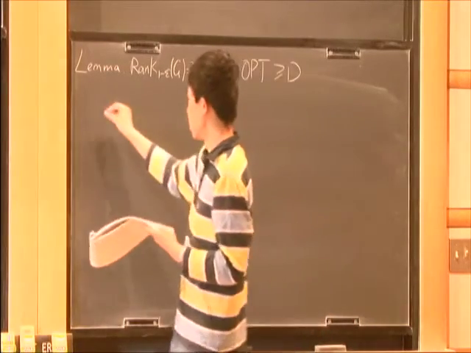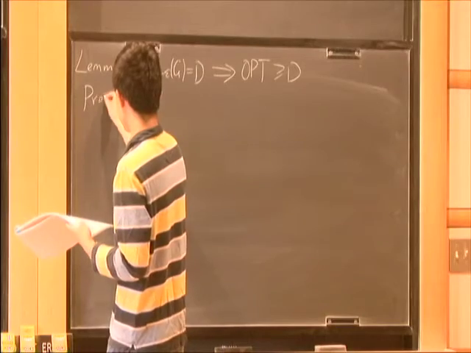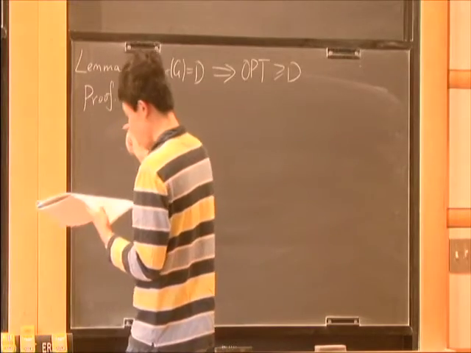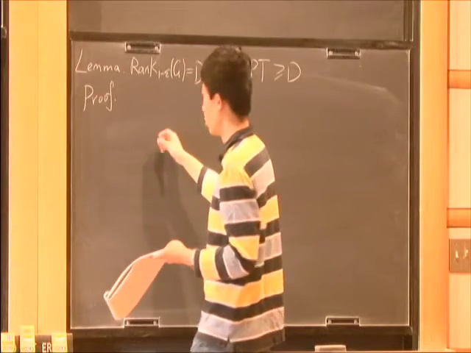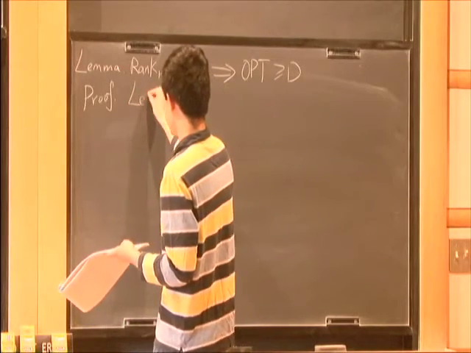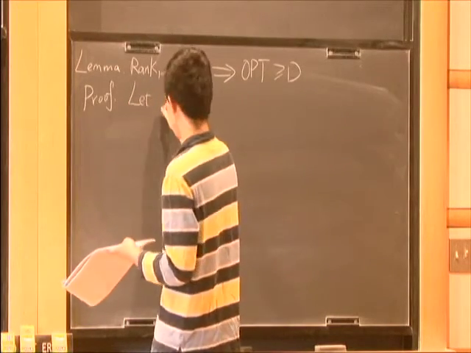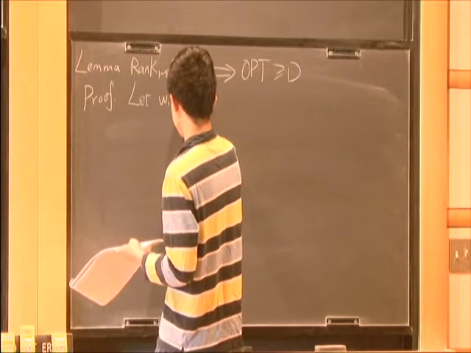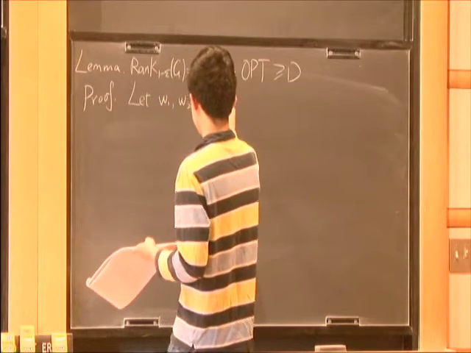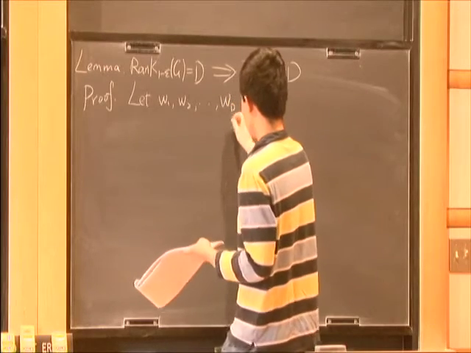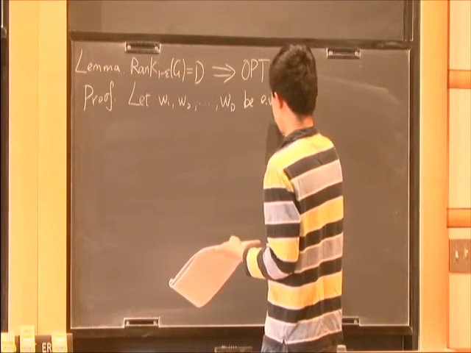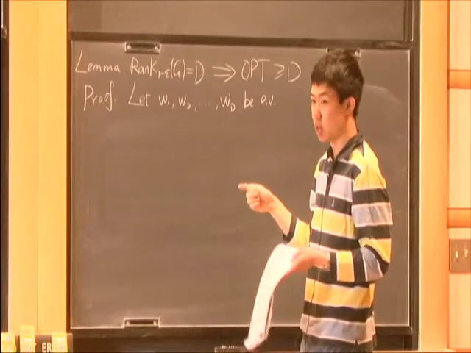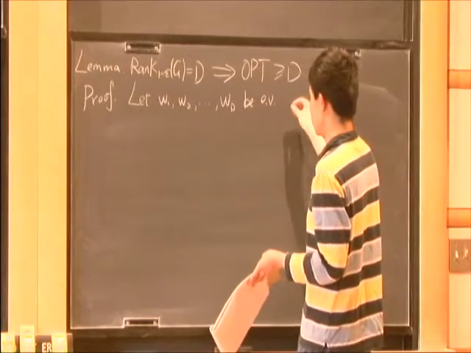Okay, so the proof, this lemma is simpler. We know the threshold rank is high, so we just take the eigenvectors. We let W1, W2 to WD be the eigenvectors with eigenvalues larger than 1 minus epsilon.